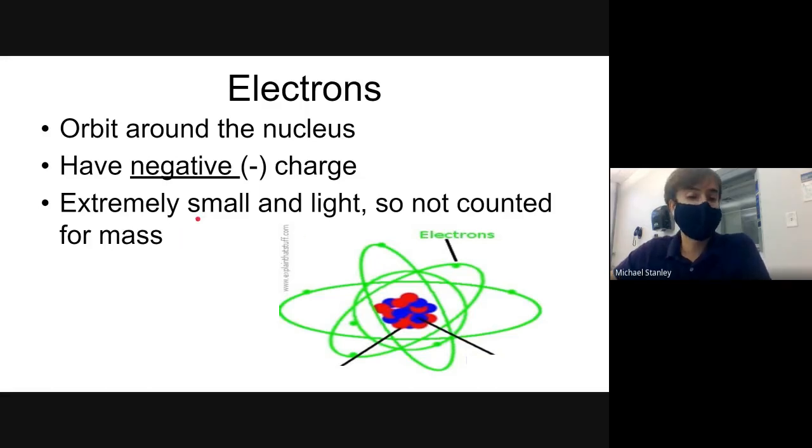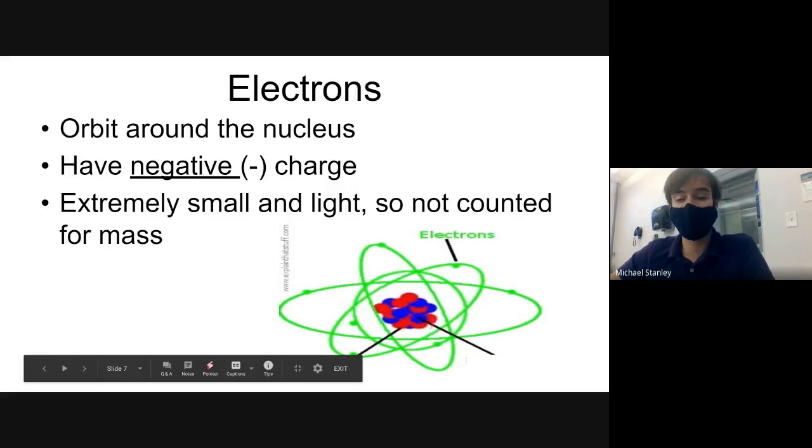They're so small and light that they don't really get counted in terms of the mass. They make up maybe 0.001% of the mass. So 99.99% is made up by those protons and neutrons here in our nucleus.